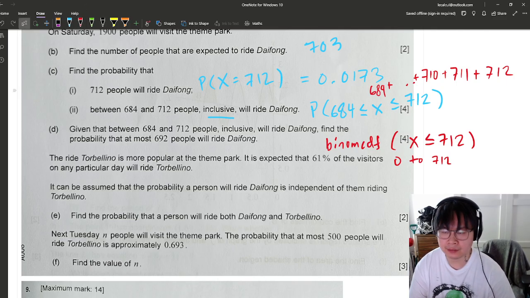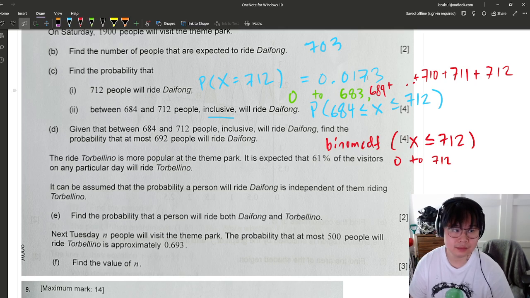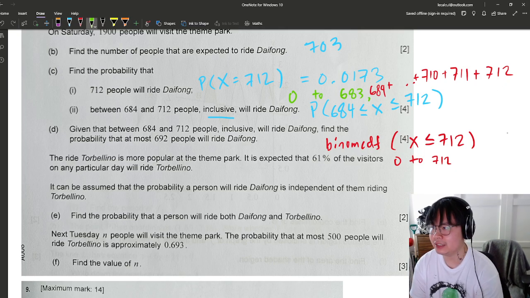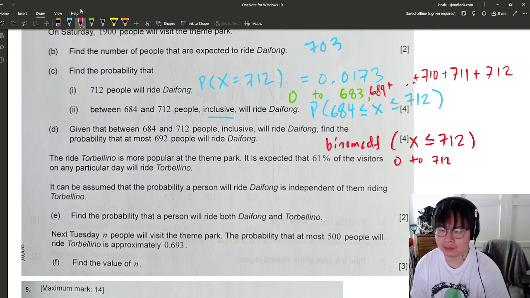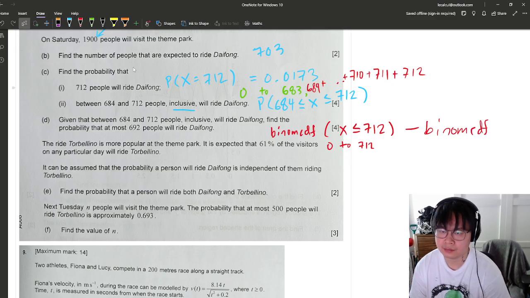Now, I don't want all the way from 0. What I need to do is take away 0 to 683, because I want to keep 684 onward. So I'm going to subtract this binomial CDF, minus binomial CDF until 683.